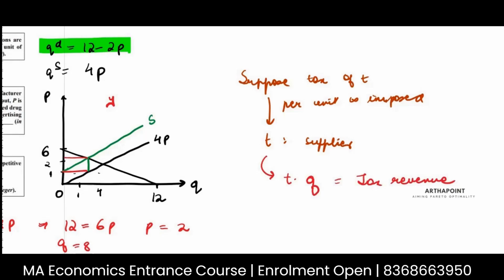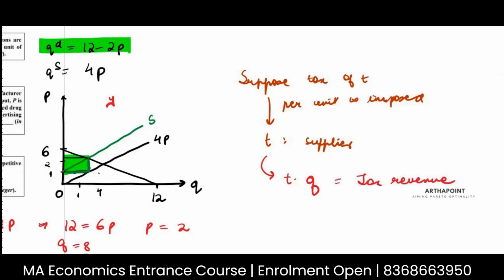Okay, so your tax revenue is this square. It is this quantity, whichever is the new equilibrium quantity, times the tax rate. That rectangle is your tax revenue.